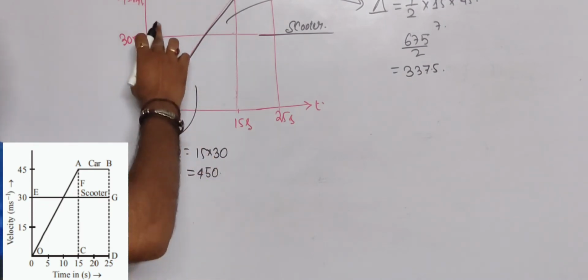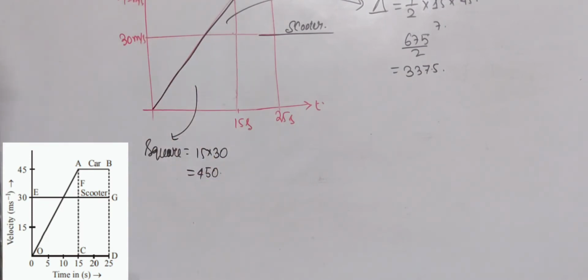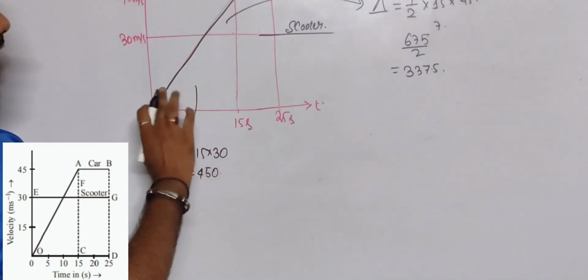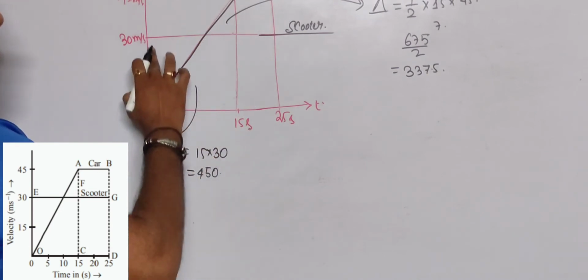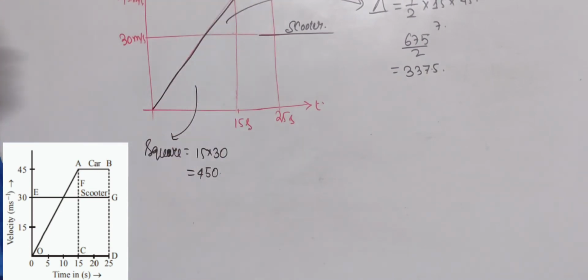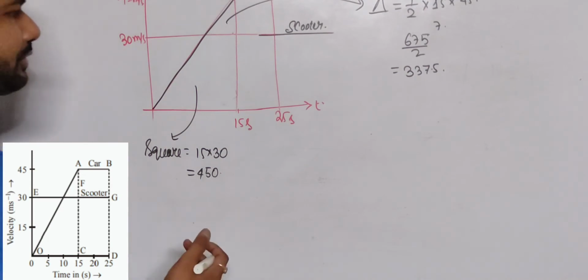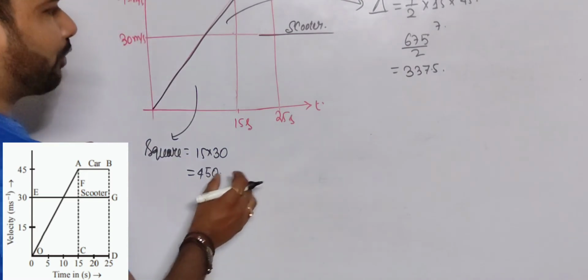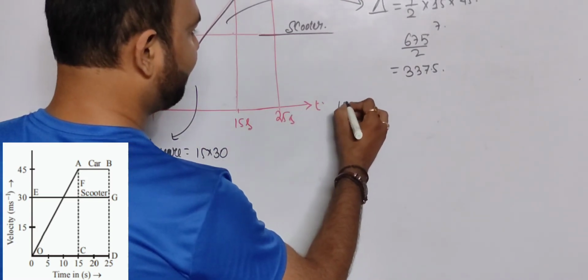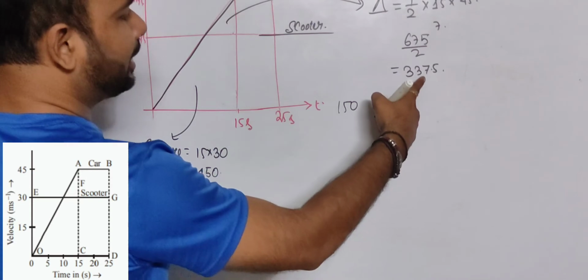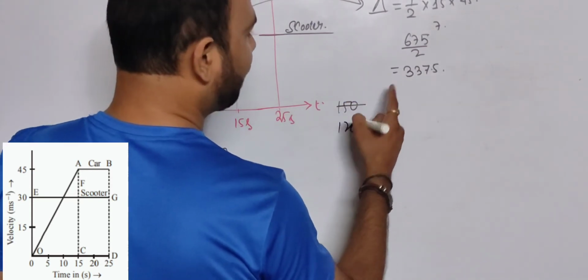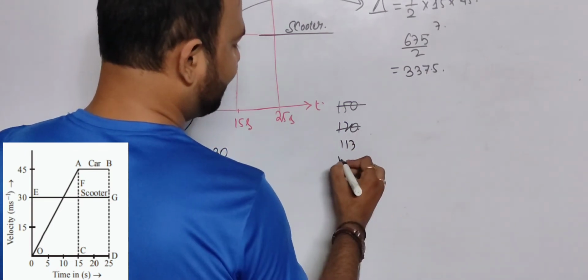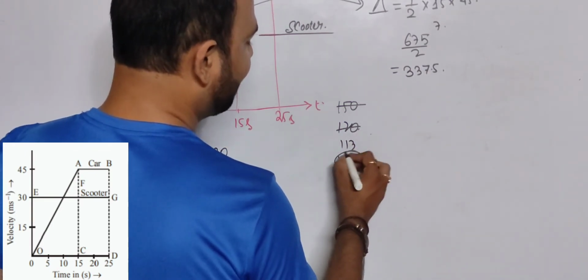The square area is 450 and the triangle is 337.5. So the distance covered by the scooter is more than that of the car. Simply subtract: 450 minus 337.5 is 112.5.